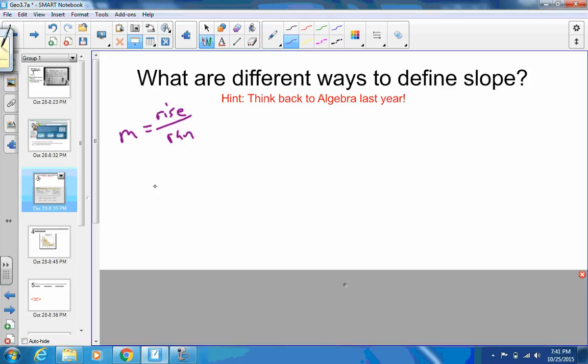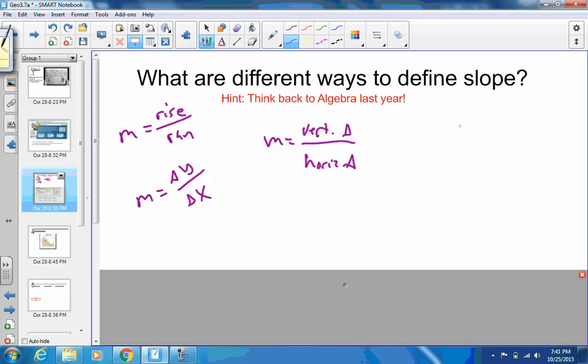Maybe you thought of, this would be triangles, change in the y values over the change in the x values. That's another one, change in the y. Maybe you think of the vertical change over the horizontal change. That's another way.